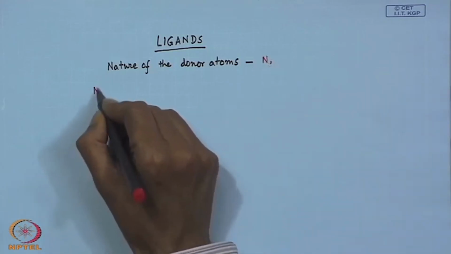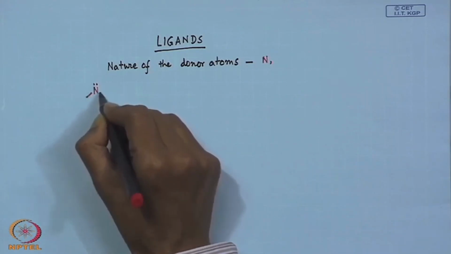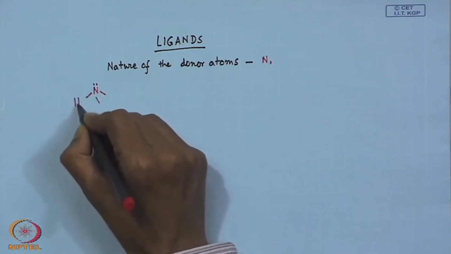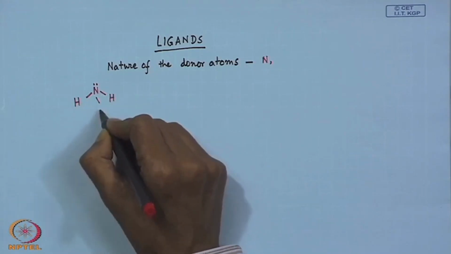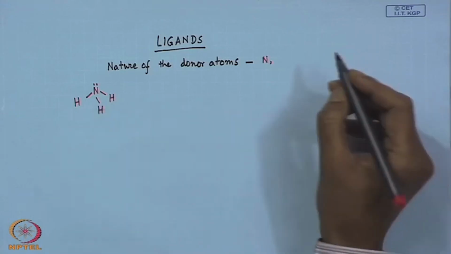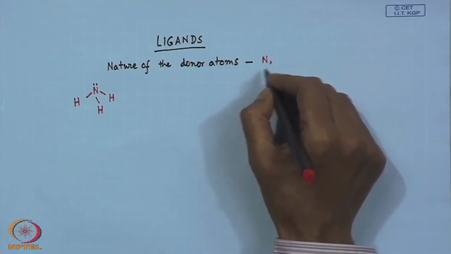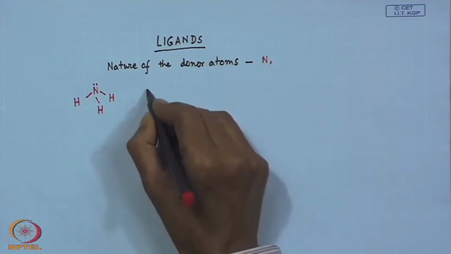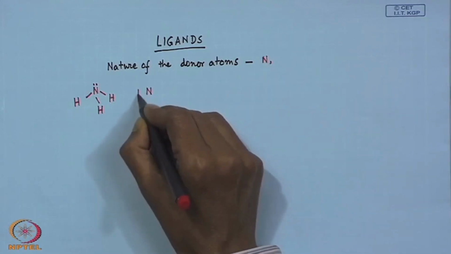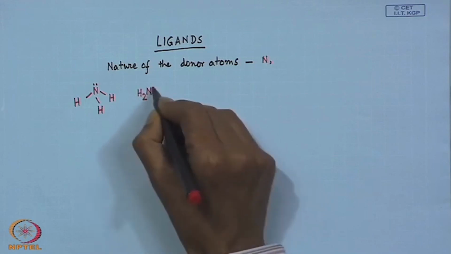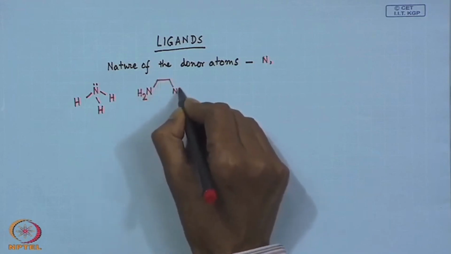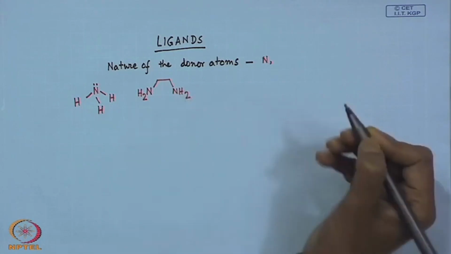In the most simple one, which comes to our mind, is the simple ammonia molecule, which is also a monodentate ligand. Then we can have the bidentate ligand based on the same nitrogen, which is ethylene diamine.